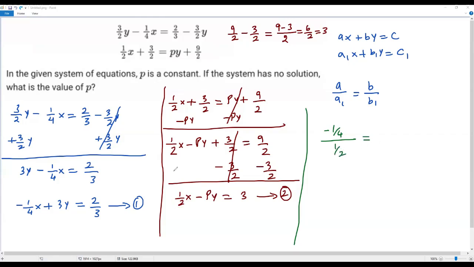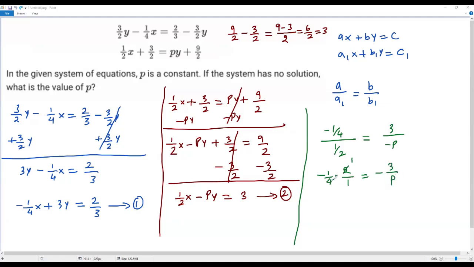It is equal to the coefficient of y in the first equation, that is positive 3, over the coefficient of y in the second equation, that is −p. Now let's simplify: −1/4, change the division to multiplication and take the reciprocal of 1/2, so it becomes 2/1, equals, we can move this negative sign over here, −3/p.